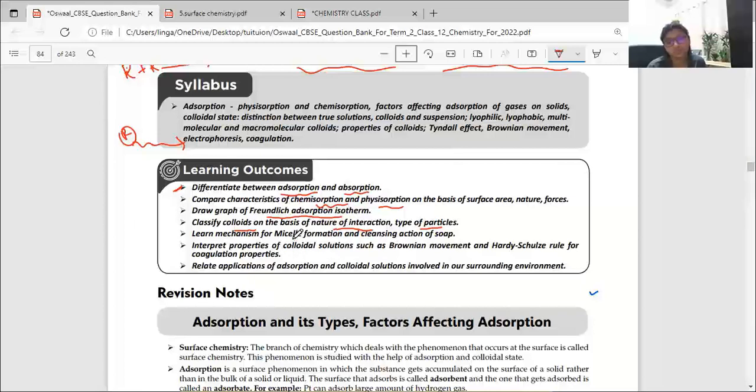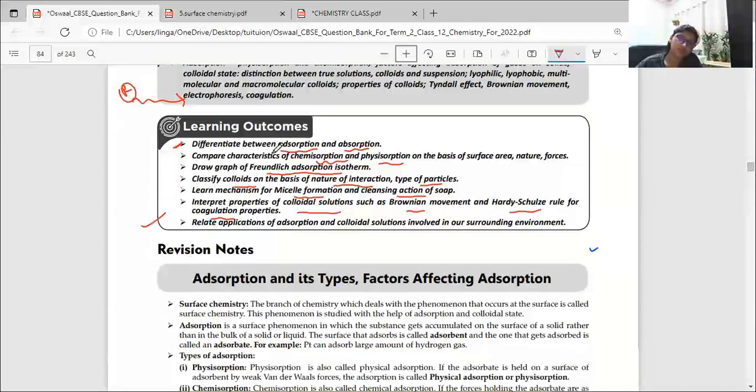Learn the mechanism of micelle formation and the cleansing action of soap. Interpret properties of colloidal solutions such as Brownian motion and the Hardy-Schulze rule for coagulation. These things we are going to discuss in this chapter.